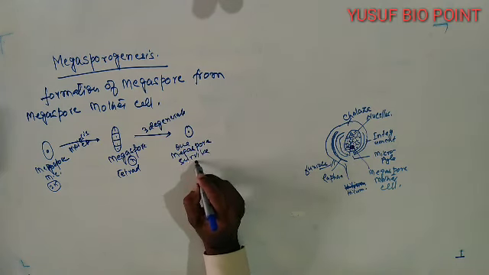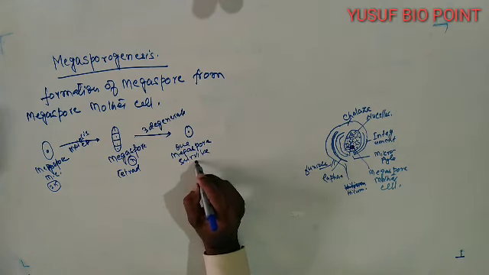That is, you know, this is the anther, and this is the stigma, in this, these are the pollen grains. This transfer of these pollens from this one is called pollination.